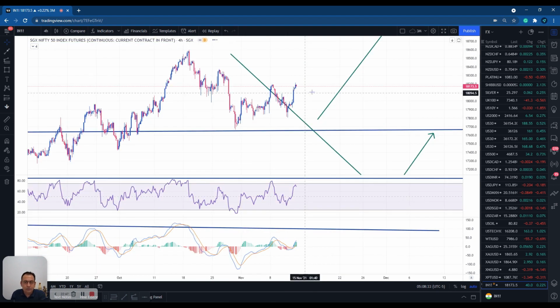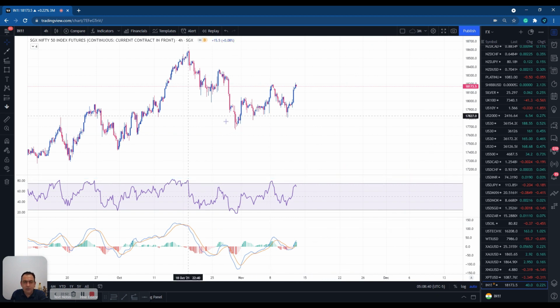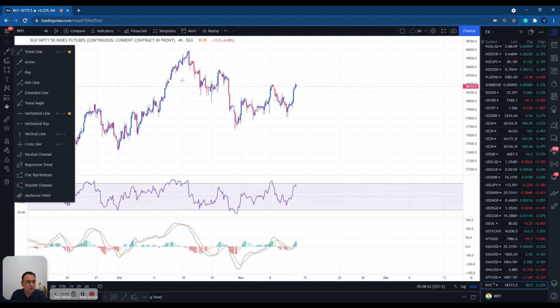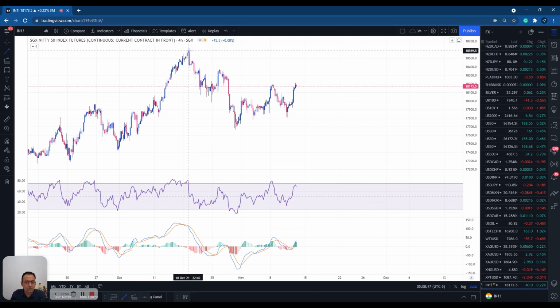The 4 hour, I'm just removing all the lines to make the chart clear. Falling trend when broken, made a retest, and the retest was with a bullish candle.